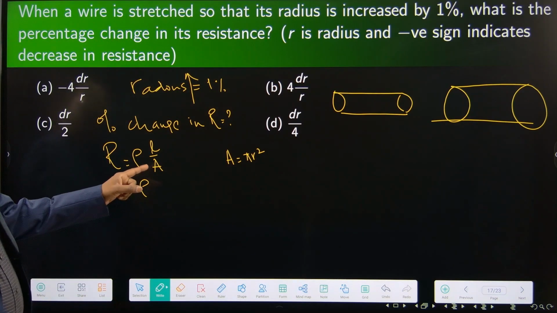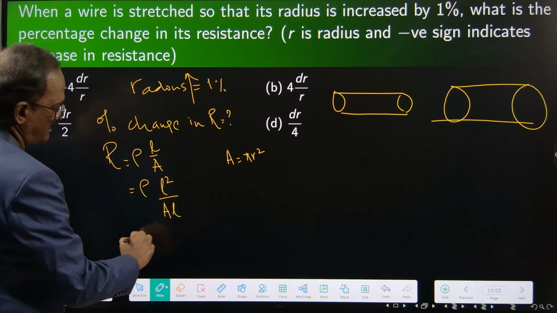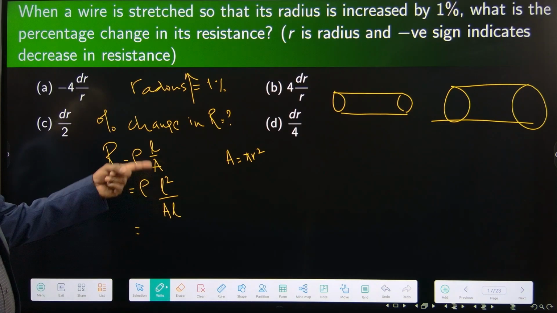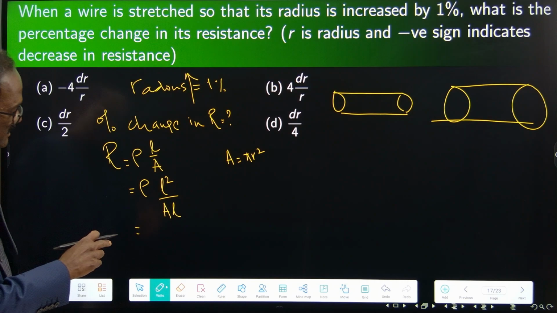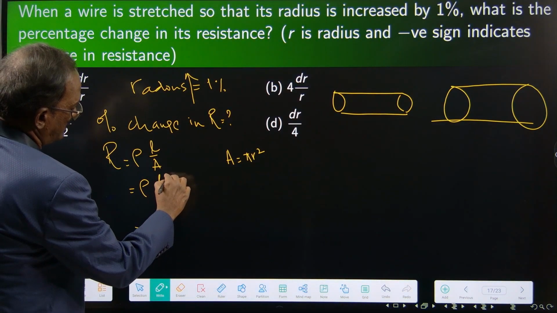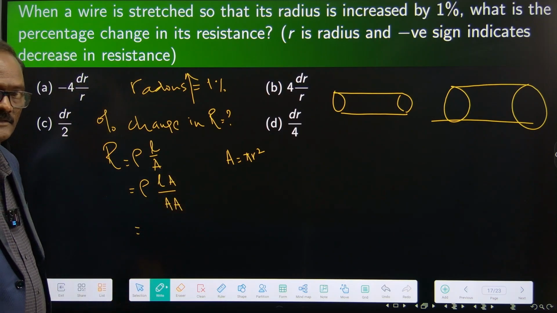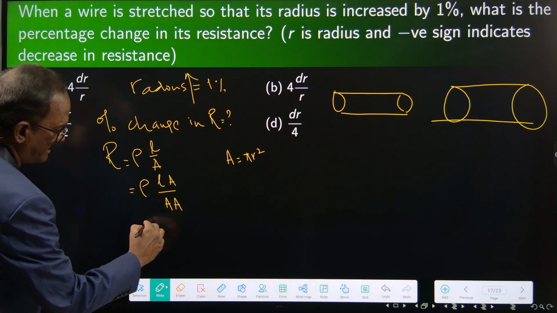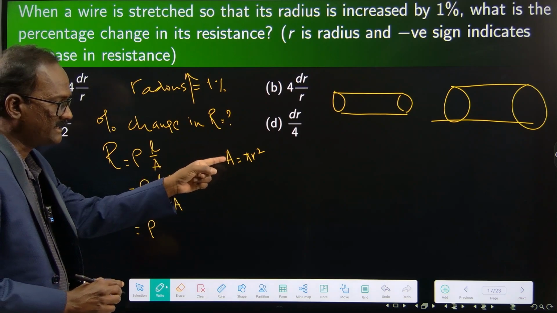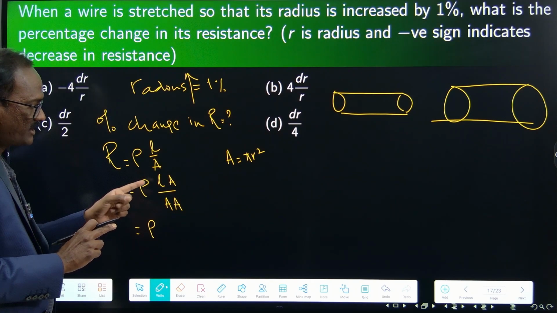To keep the volume constant, I have to multiply and divide with the area, not L and L. So this problem is different: L into A by A into A. Because they are changing the radius, which in turn changes the area, I want to find the relationship between radius and A. So I want to keep the volume constant.